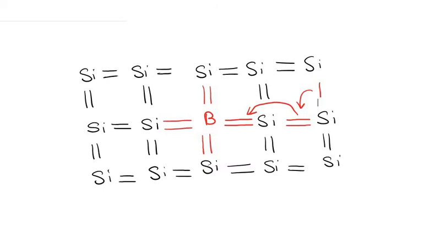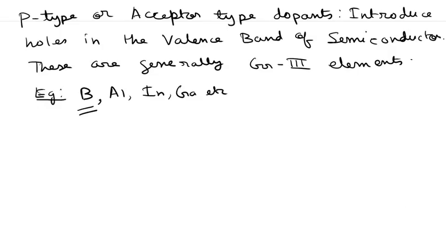These are also known as p-type impurities or p-type dopants. This is because holes are assumed to have a positive charge. Why? Because holes come when a bond breaks and the electron excites to the conduction band. Initially the valence band was completely filled, and everything was neutral.